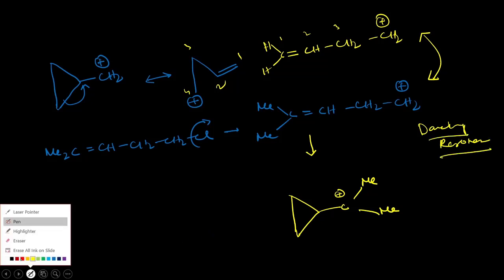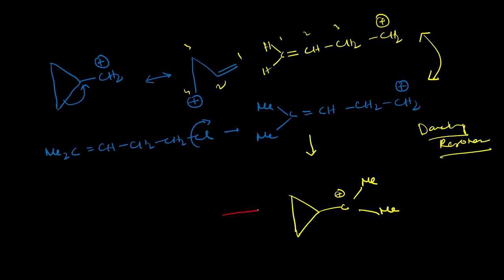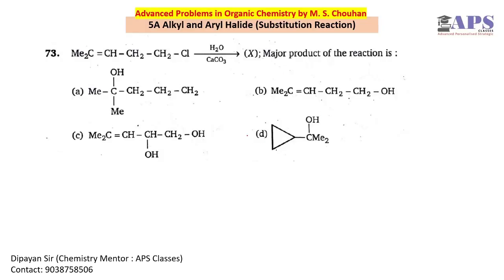Now if we approach the nucleophile OH minus, the final product will look like this. This is the application of dancing resonance, and this topic we have discussed in the general organic chemistry class 11. So this will be our final product.